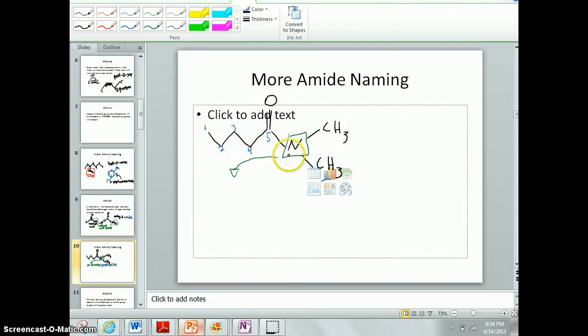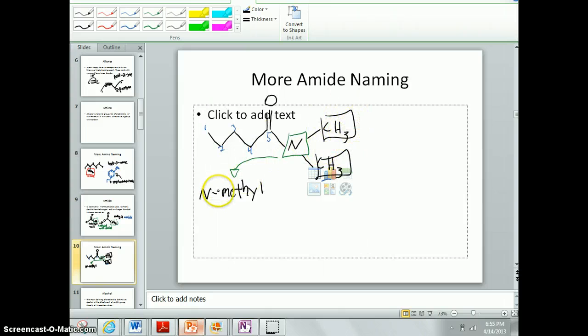And so this has a name all on its own. So it's kind of broken up into 2 different parts here. I'll just write out the first part. This is what we call an N-methyl. And the reason methyl is that we only have 1 carbon right here, and this is going to have a second carbon here, but they're both in 2 different directions.